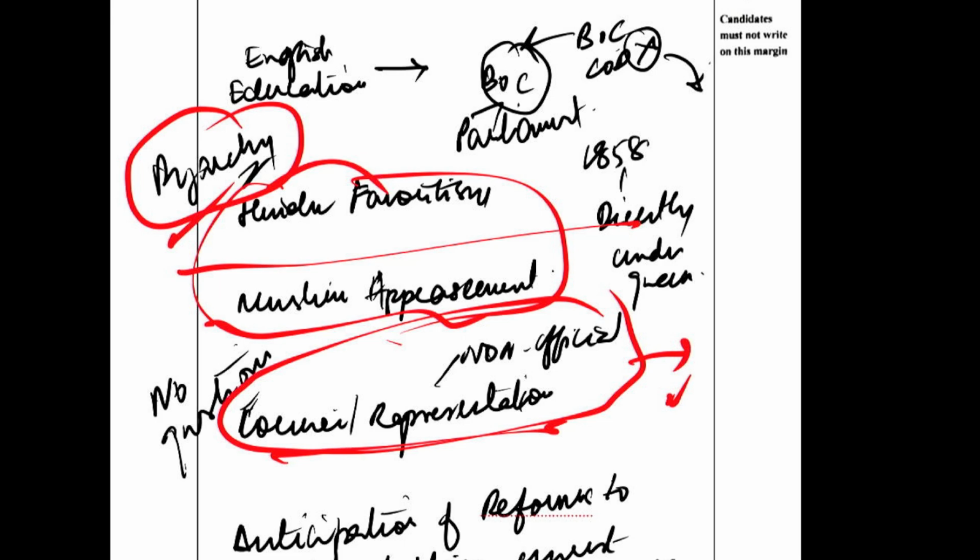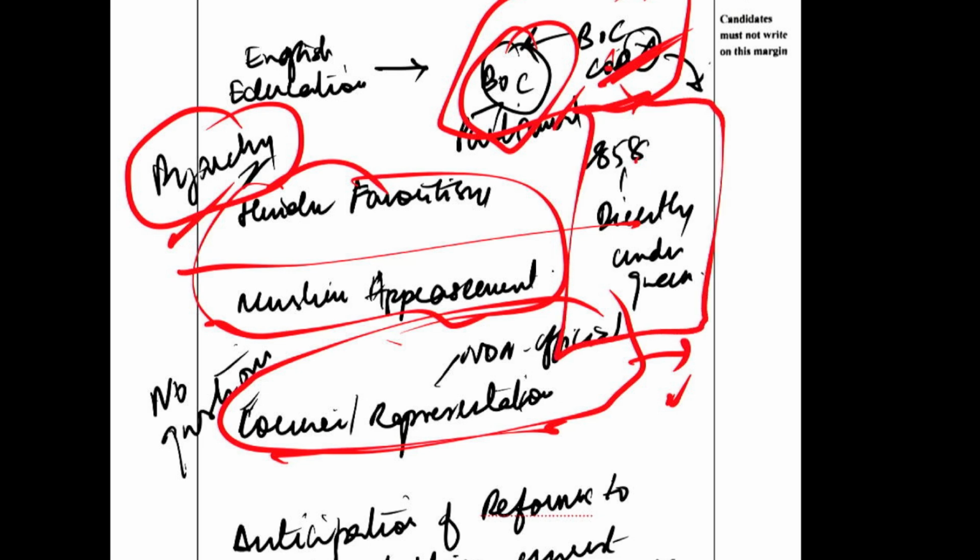Those were administrative moves. Another administrative move was to shift power from the Court of Directors to the Board of Control. And perhaps another was to bring all the princely states directly under the umbrella of the Queen herself.